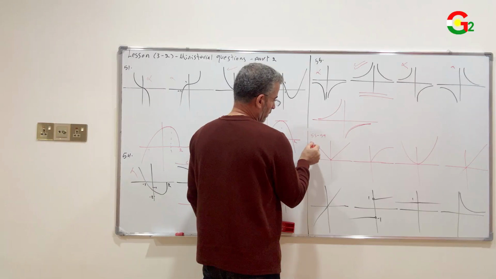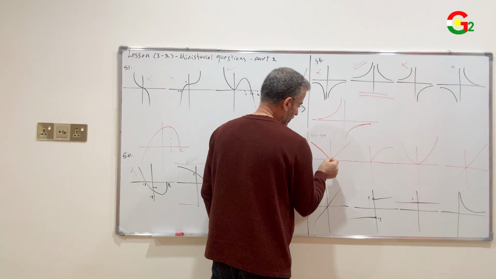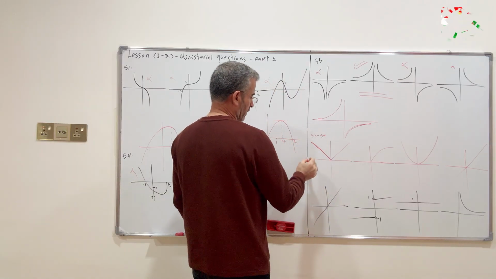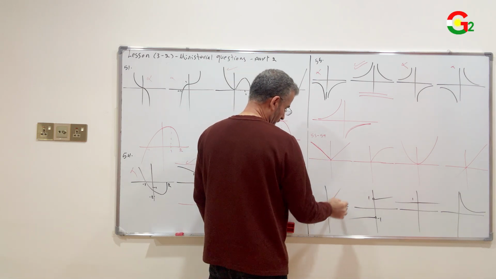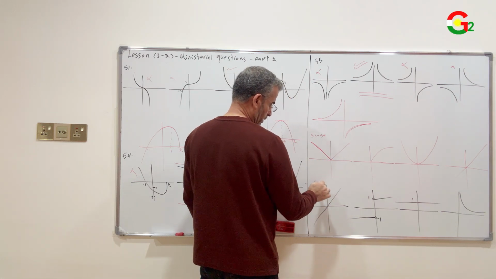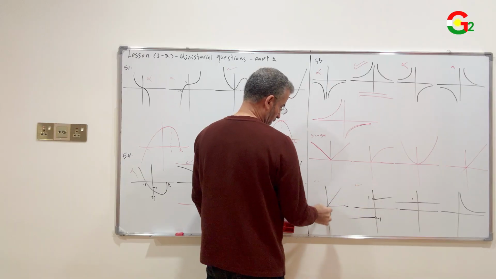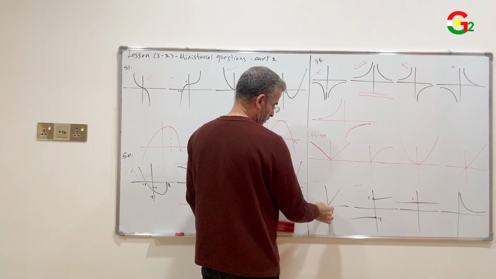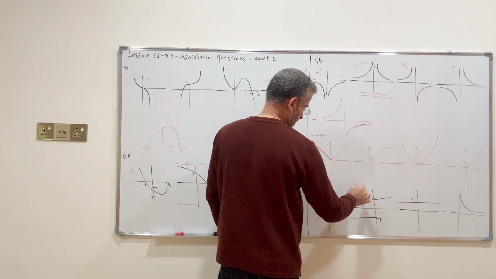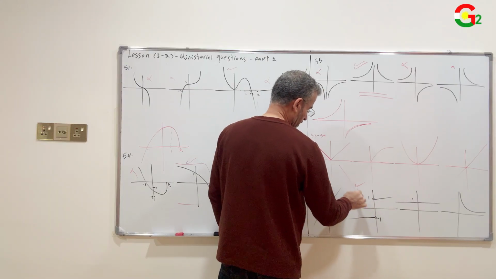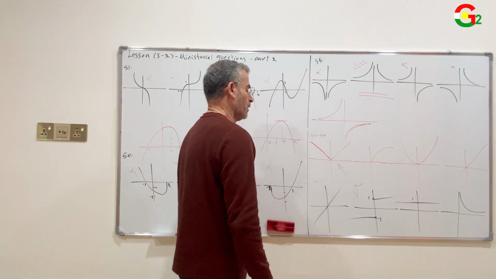Also, the function is decreasing from negative infinity to 0. The graph should be under the x-axis like this one and like this one, but here at 0 the derivative exists, but here it does not exist, so the right choice is B.